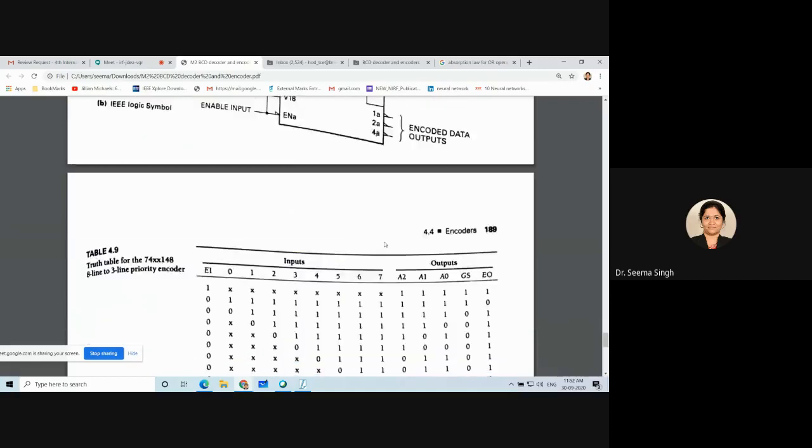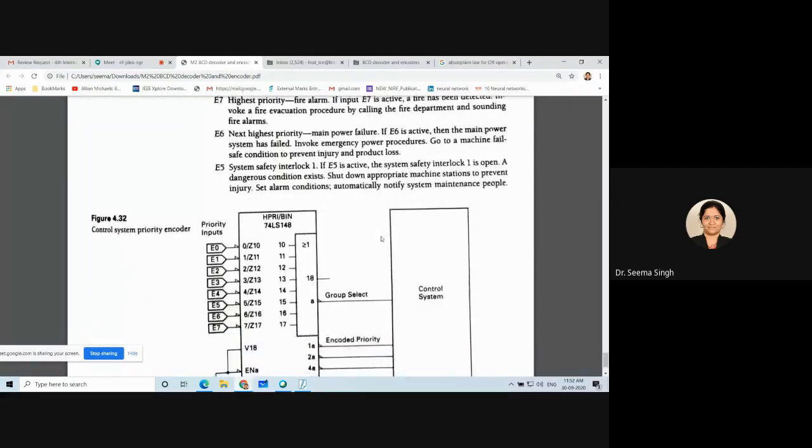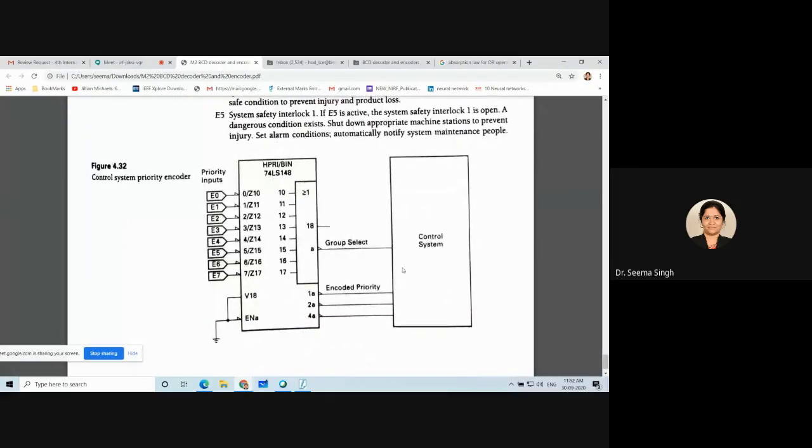And how cascading happens, I will show you that also. See, this is the control system to make the connection. So this group select goes and gets connected to the input enable of the next one. Okay, see, you can see, it is 0.